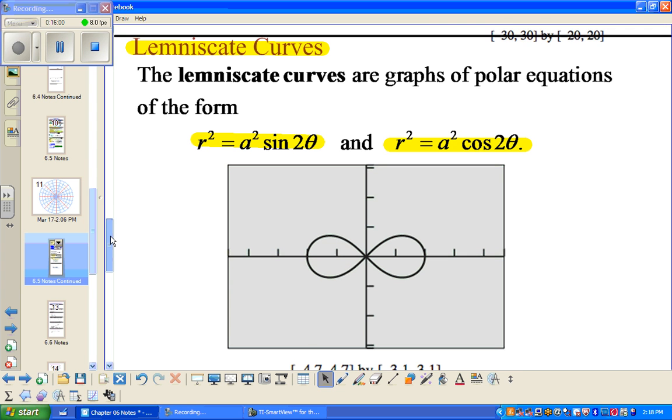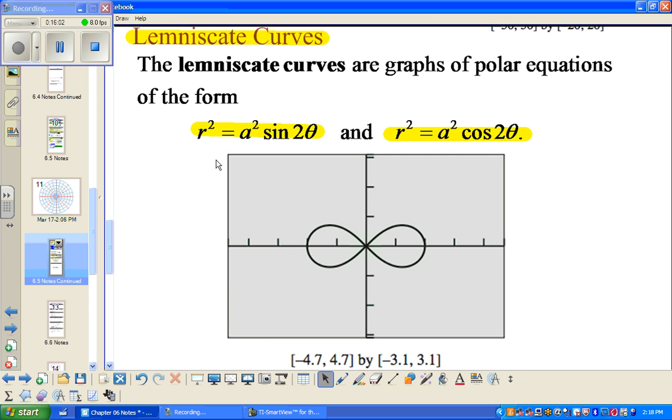The last graph I'll show you is the lemniscate. r squared equals a squared sine 2 theta, and r squared equals a squared cosine 2 theta. On these, you don't have a variable with the theta. You need to use a 2. The a is what you can change. And then how are you going to graph these?